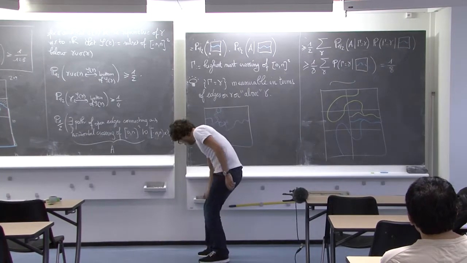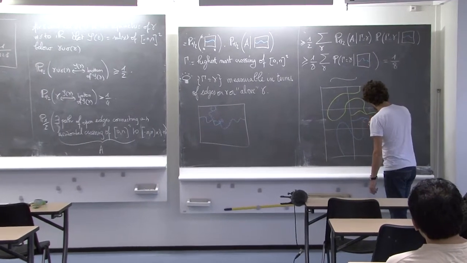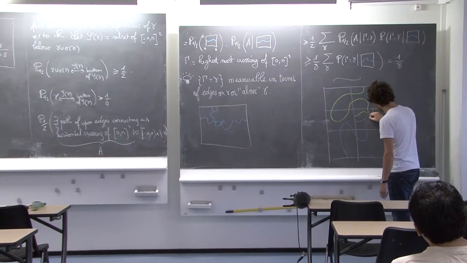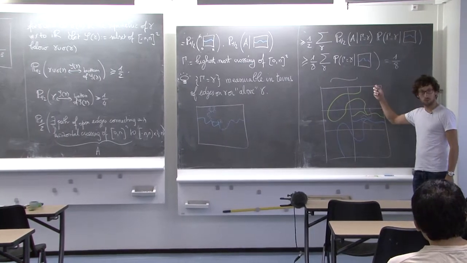But what I can use is the fact that I can also assume that there is a crossing in this box, a vertical crossing in this box. And then I necessarily have a crossing from bottom to top.